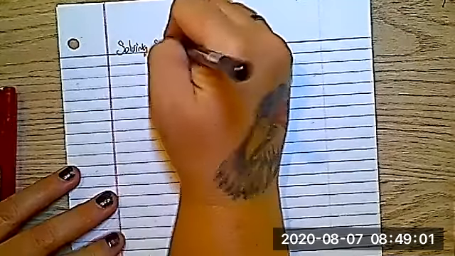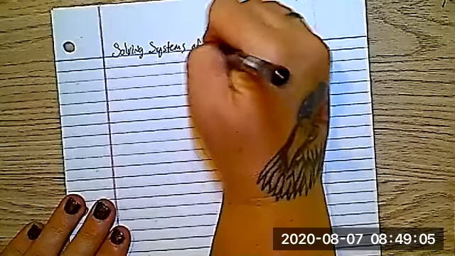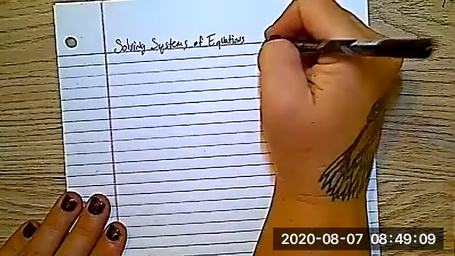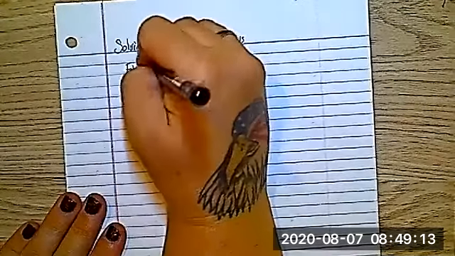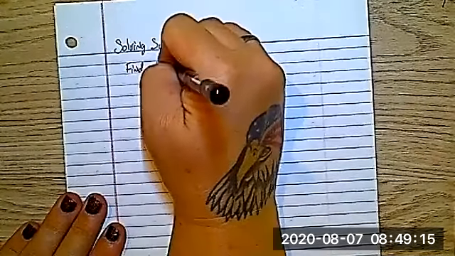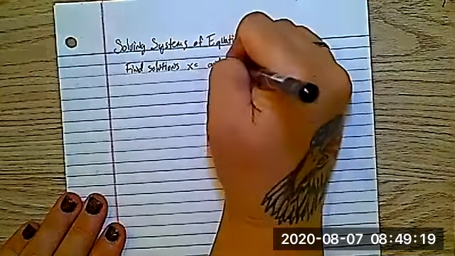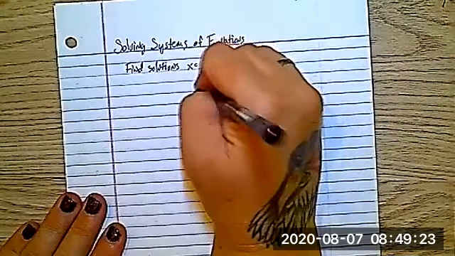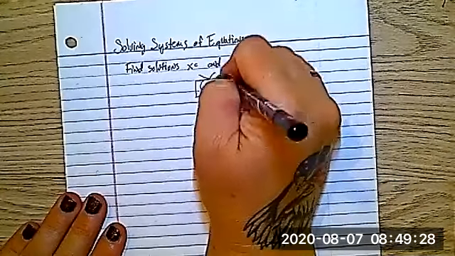And when you're solving systems of equations, remember that you're trying to find solutions that will give you an x value and a y value, and you express that as an ordered pair. Generally express it that way.